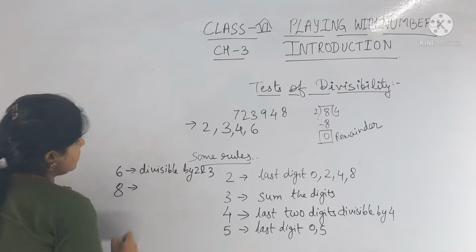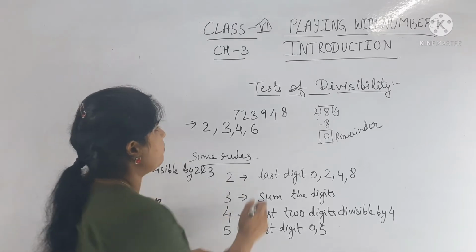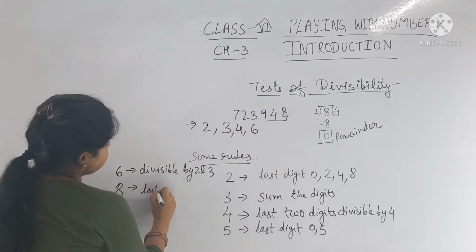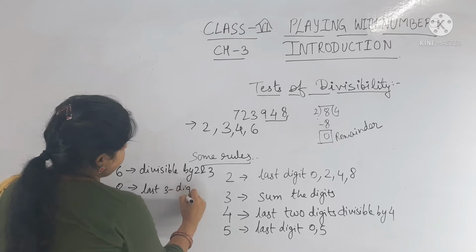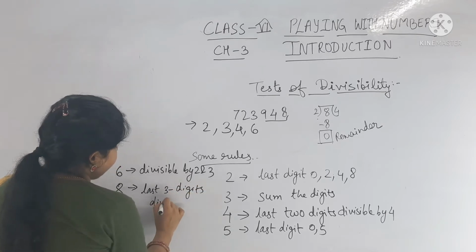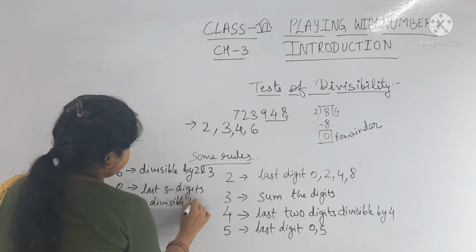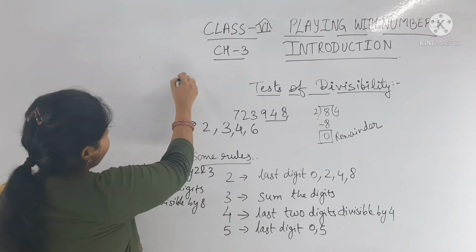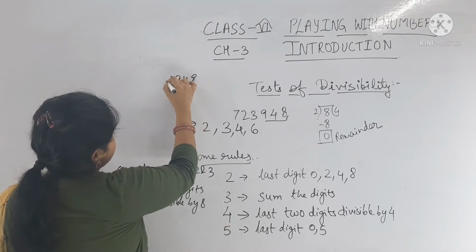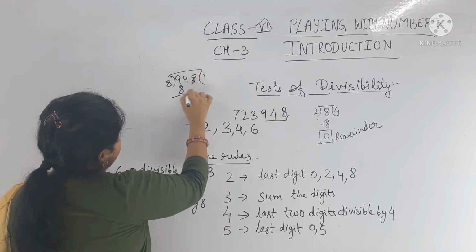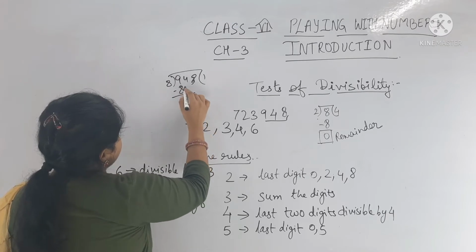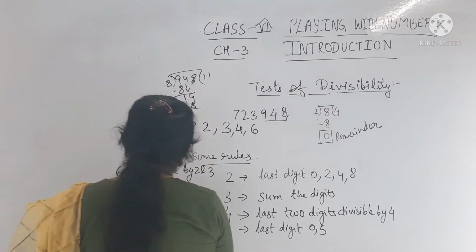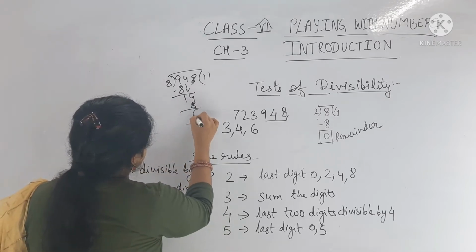For 8, we have the last 3 digits. Okay, if the last 3 digits are divisible by 8, so we can divide 948 by 8. 8 ones are 8, 9, 10, 11, 12, 13, 14, and 6.